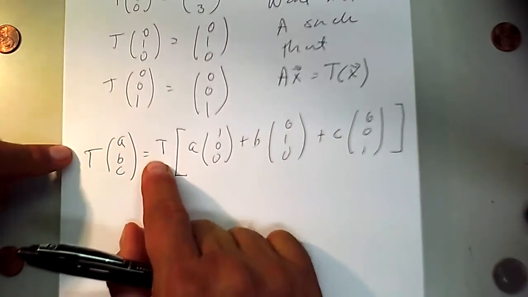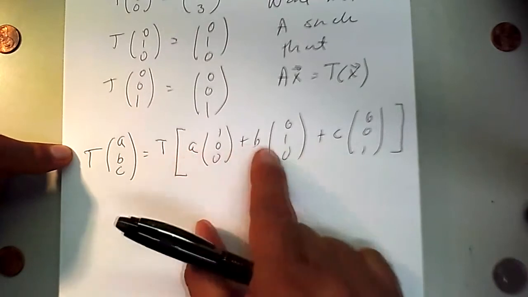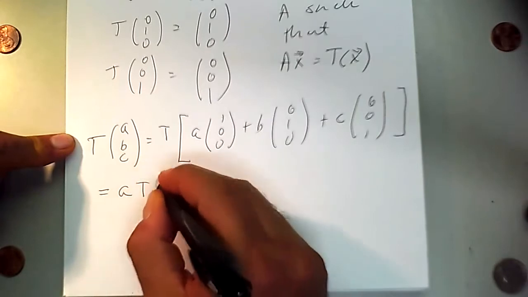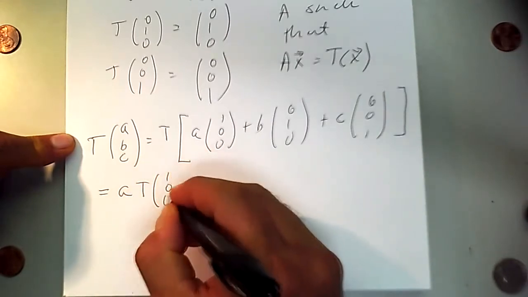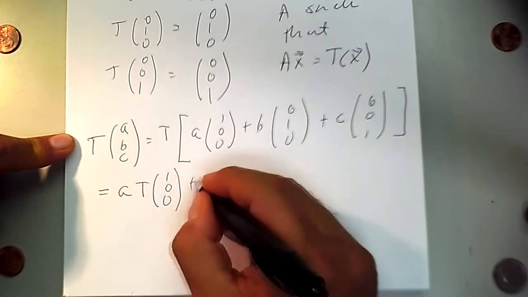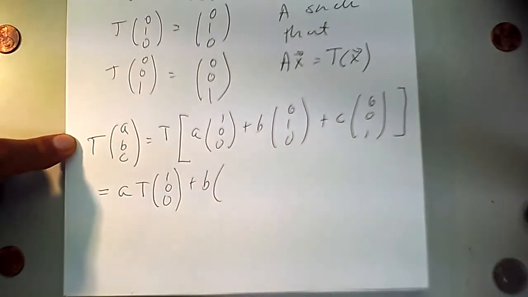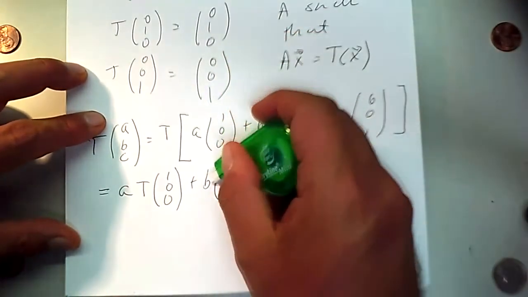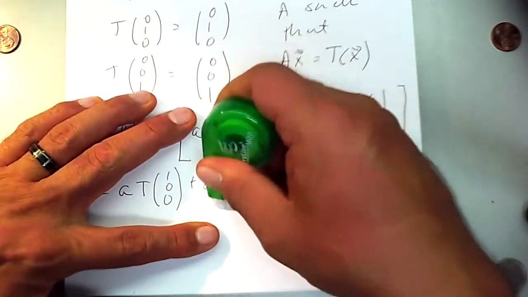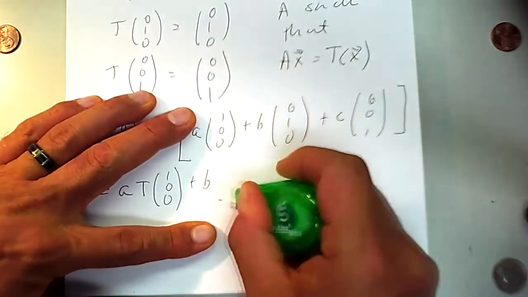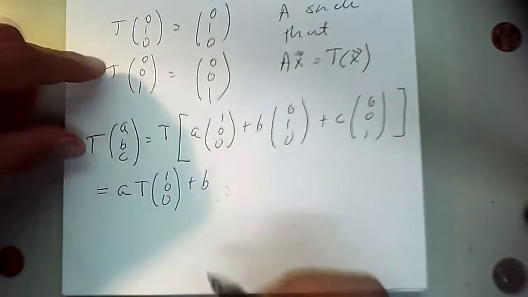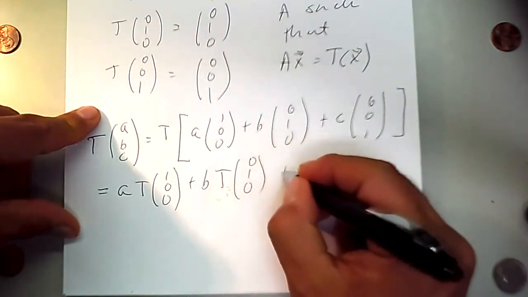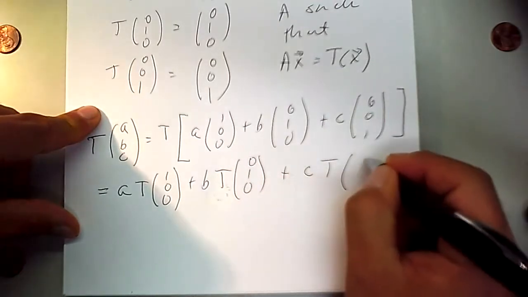That means that it preserves additions and multiplications by scalars. So this is the same thing as A times T of (1, 0, 0) plus B times T of (0, 1, 0) plus C times T of (0, 0, 1).